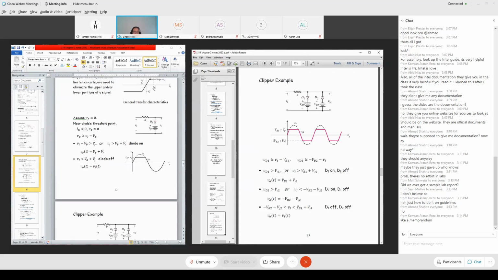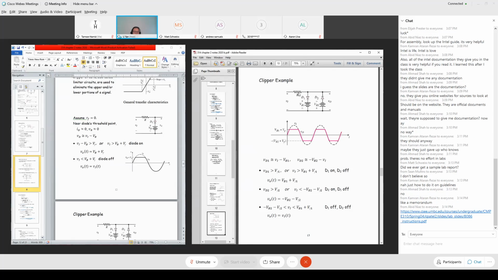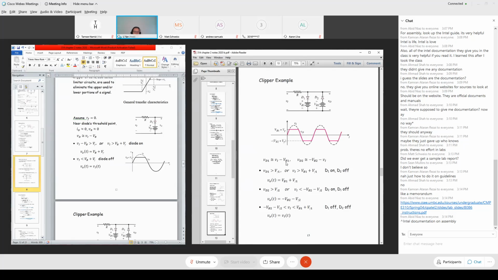Diode voltage VD1, if I neglect the voltage drop at the R at the threshold point, equals the input voltage minus the voltage VB1. So that's this equation.